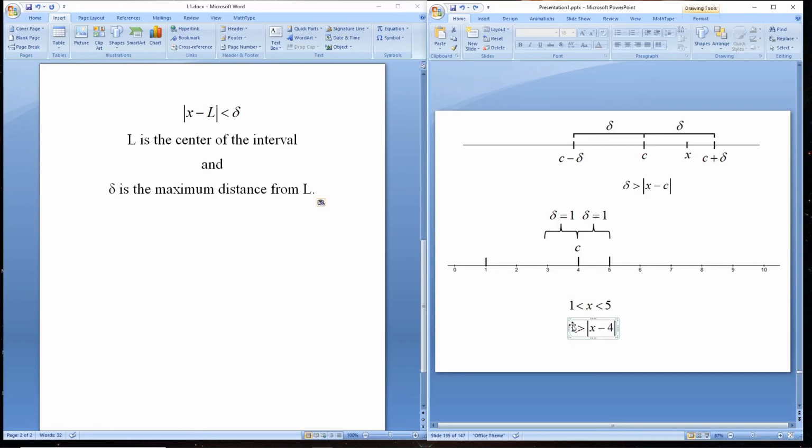And so this inequality here represents this interval, squeezed in. And let me color that in again. So here's our interval, and then we're squeezing it in right here. And if we choose a delta of 1, that will squeeze that into that interval then.